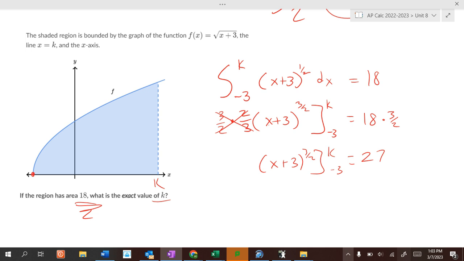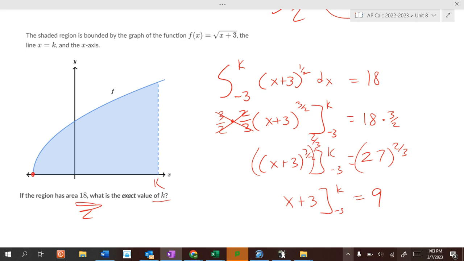Well, we take each side to the 2/3 power. That's what I meant. And then we have just simply x plus 3 from -3 to k equals 27 to the 2/3. The cube root of 27 is 3. 3 squared is 9.